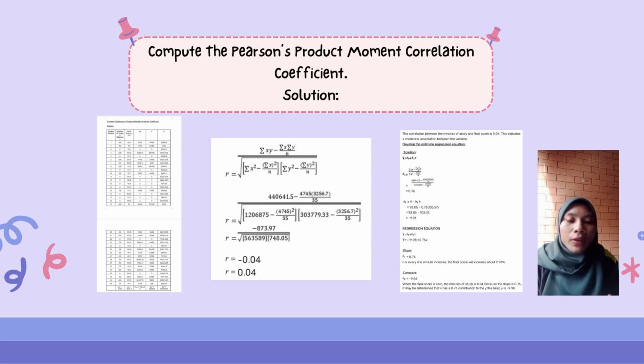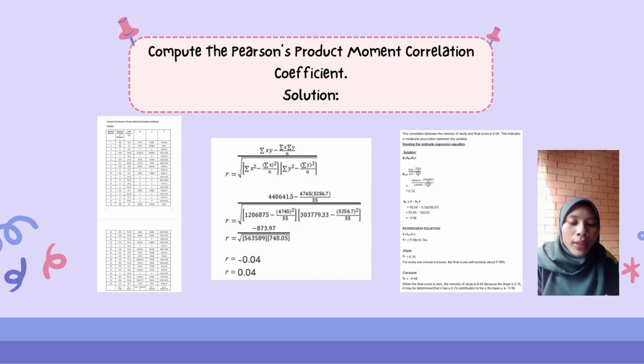Then we develop the estimated regression equation. The predicted or estimated value equals the estimate for B0 plus the estimate for B1 times X. For B1, we get 0.76 from the total of XY minus the total of X times the total of Y, over the total of X squared minus the total of X all squared per n.